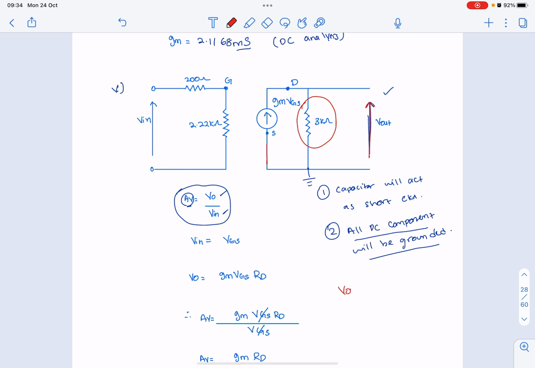So V out is equal to the dependent current, you can call this one ID, times RD. So the voltage across this point is ID RD.